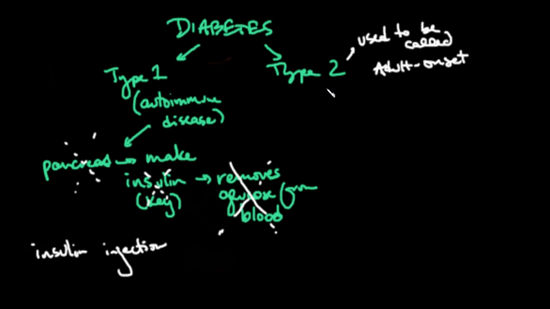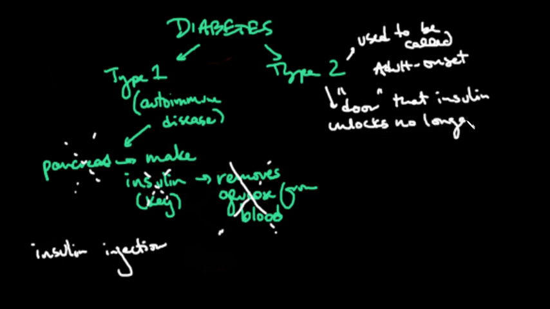It's not an autoimmune disease, but the, quote unquote, door that insulin unlocks no longer reads the insulin key. So you could keep giving lots and lots of insulin to a type 2 diabetic, but that door, that protein that removes glucose from the blood, does not really read that insulin.